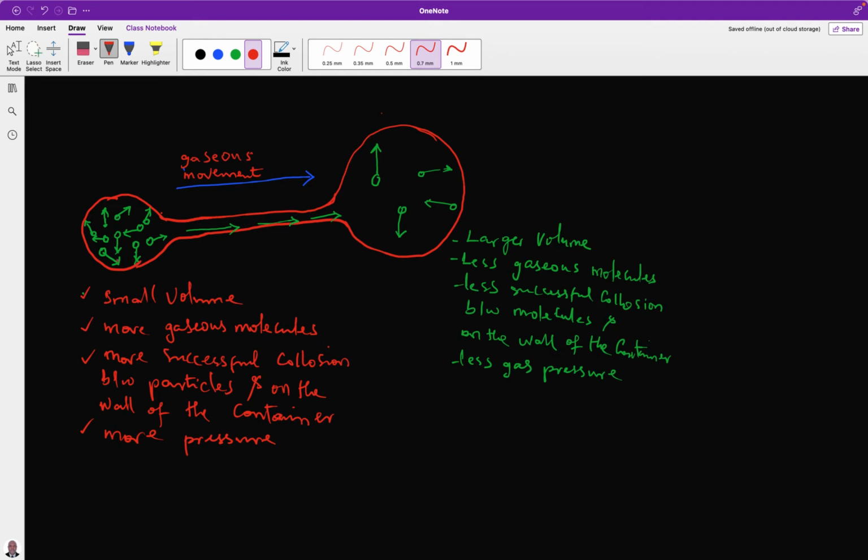When there is more frequent collision between the particles and the walls of the vessel, there is more pressure exerted on the walls. So there is high pressure here.